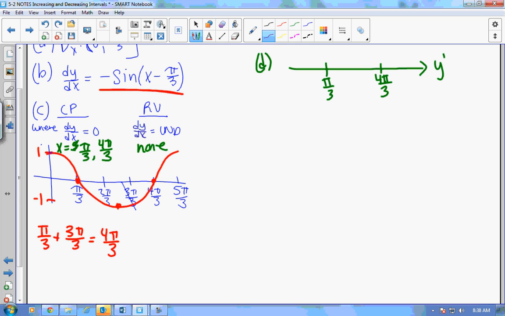From 0 to pi thirds, what's the sign of the graph? Positive. So that means the function is doing what, Hala? Good, increasing. Then here we see it's negative, and then it goes positive again. So we have increase, decrease, increase.